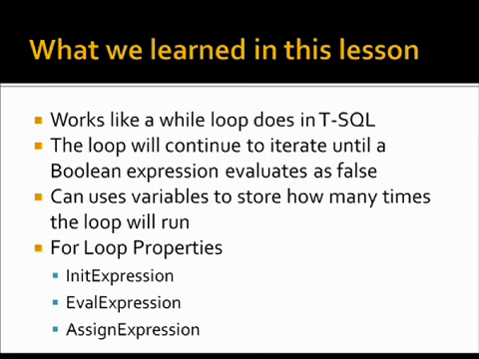Remember, this has to be a true or false Boolean expression. And then we also have the assign expression, which we talked about but didn't use in our example. The assign expression is what you're going to assign the variable after each iteration of the loop. So after each time it runs through the loop, what are you going to assign the variable to next?